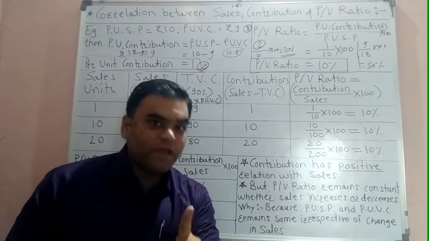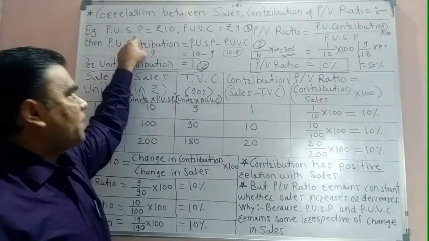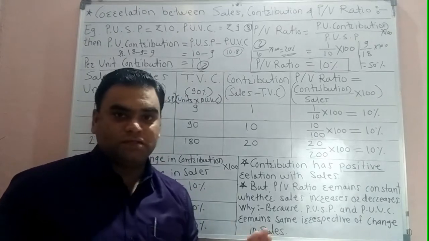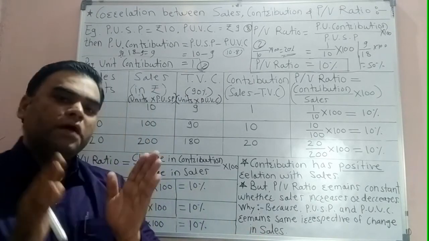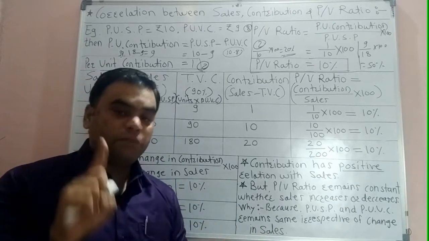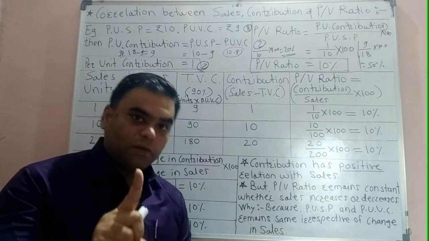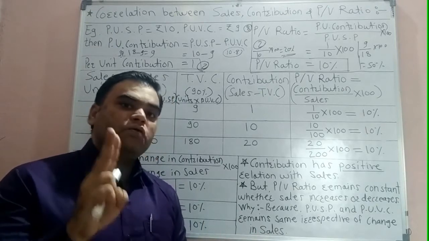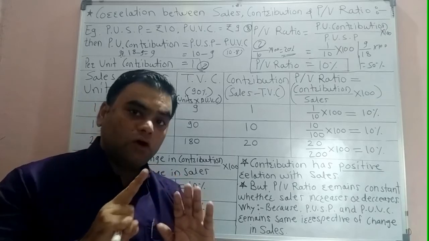What is the reason behind this? Because your per unit selling price and per unit variable cost do not change. What can we say? If you make no change in per unit variable cost and per unit selling price, then your PV ratio will also not change.